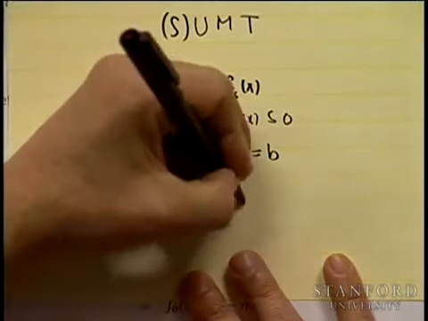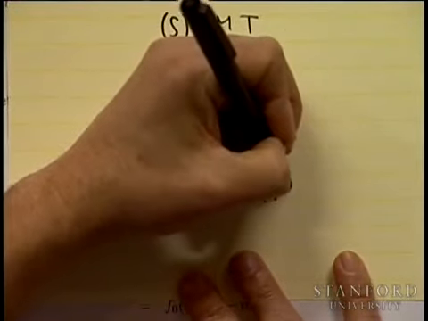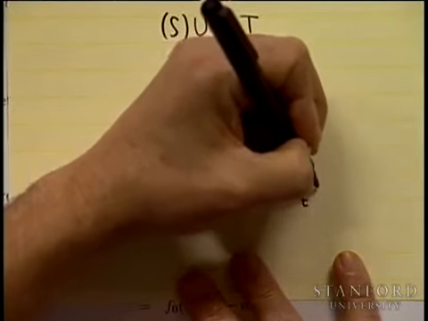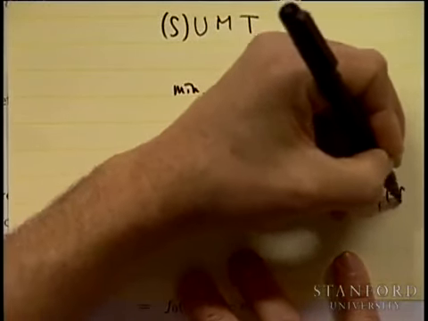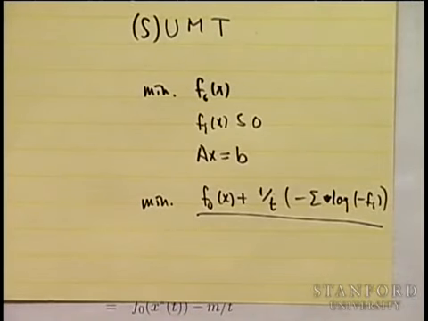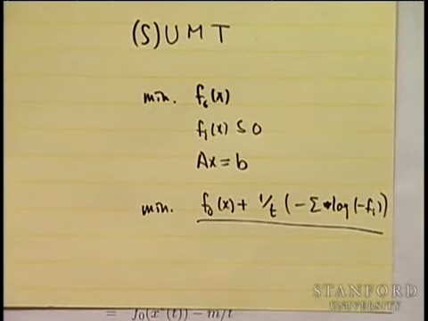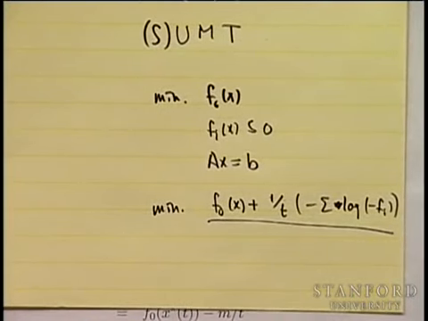It says minimize f0 of x plus 1 over t times minus the sum of log of minus f_i. Okay? That is a smooth function. Newton's method will minimize it. Well, certainly in theory it will, and so will the gradient method, by the way, in theory.